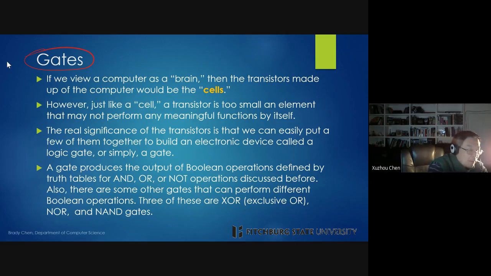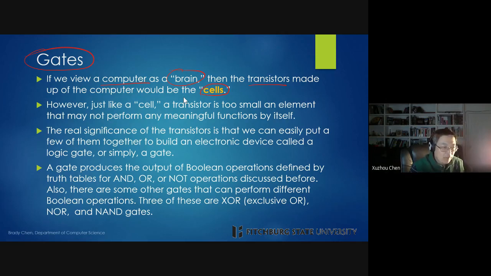So let's take it this way. If you think about a computer as a human brain, then the transistors are like the cells of a brain, and the brain is made of small biological cells. Each cell has its own small structure, and each cell has some kind of life there.